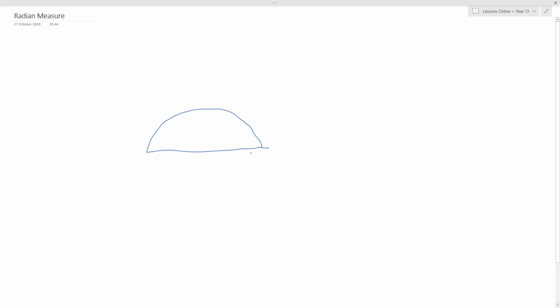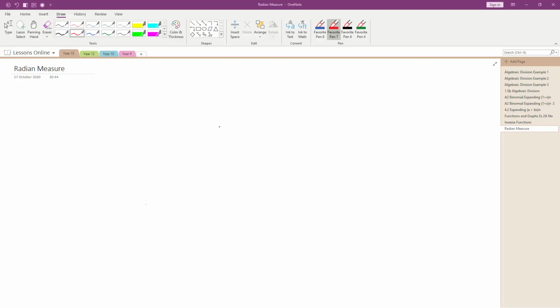So I'm going to draw a semicircle. It's not the prettiest semicircle in the world. Up to now you've been used to measuring angles in a circle using degrees. But there is another way of measuring angles in a circle, and that is using radians.